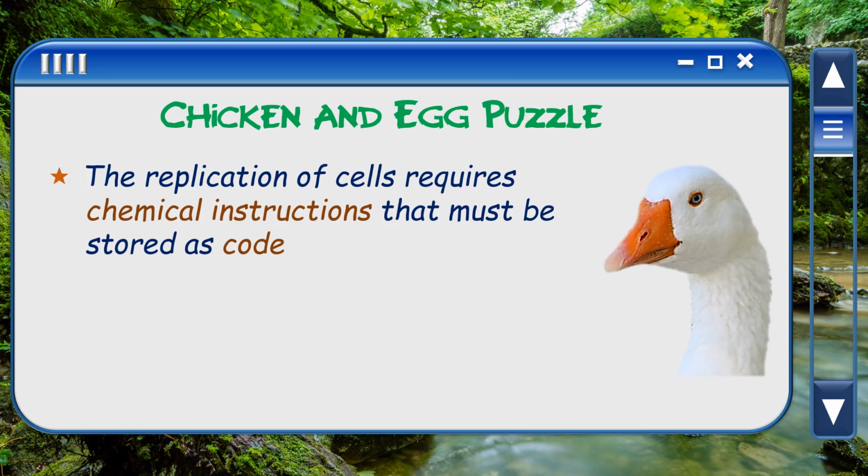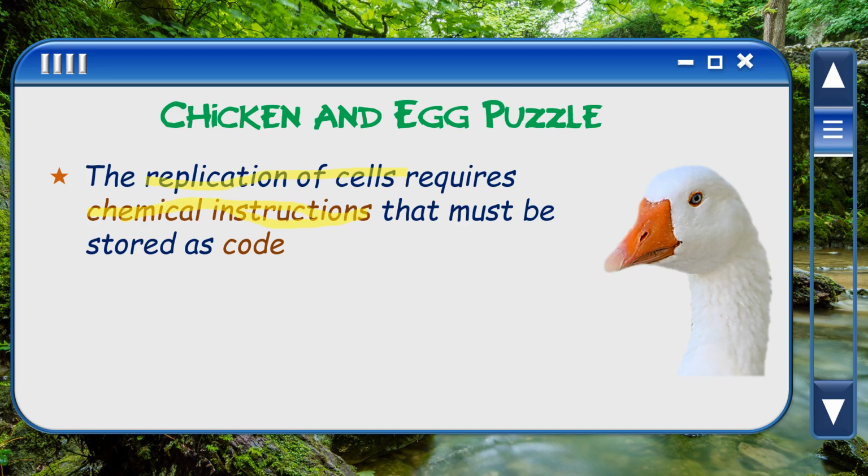We are saying that the replication of cells requires chemical instruction that must be stored as code. Replication of cells is the making of new cells by the existing cells. But the existing cells, to make new cells, need what we call a chemical instruction.